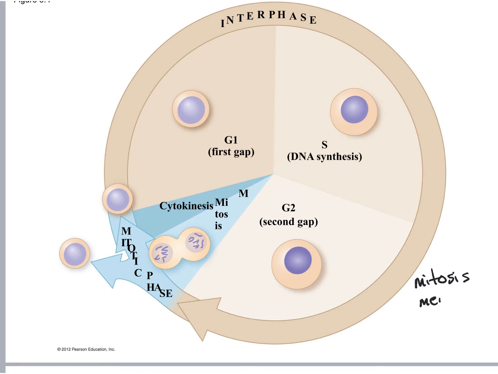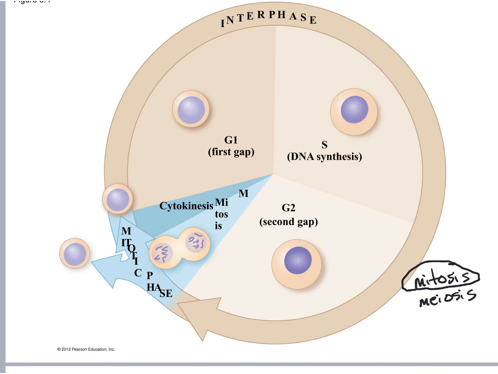In another lecture, we'll cover the other type of cell division called meiosis. This is a little bit more complex. Cells aren't going to be making identical copies of themselves. They're going to make slightly different versions of themselves. But for right now, we're just going to concentrate on mitosis.